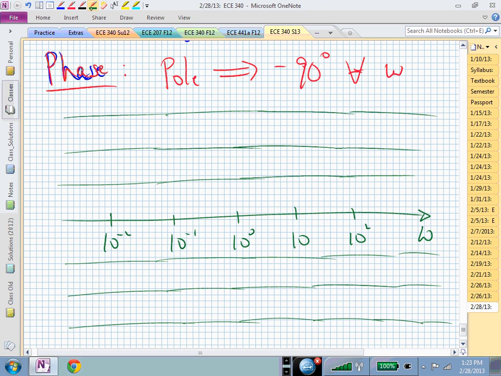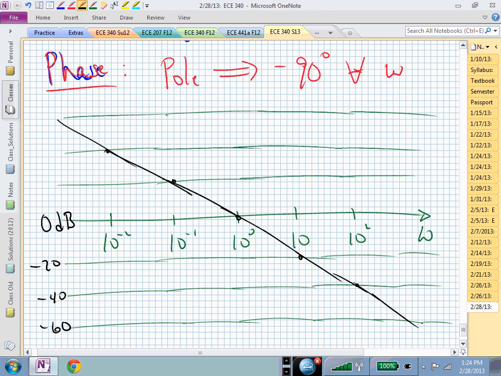The pole at the origin would be going through 0 dB, and then minus 20, minus 40, and minus 60 all the way out here at 1,000. That's just the pole at the origin.